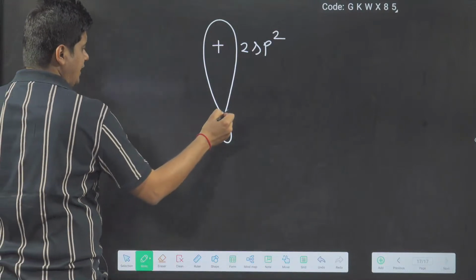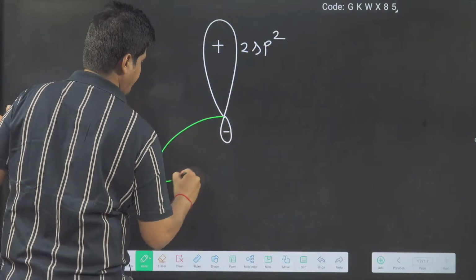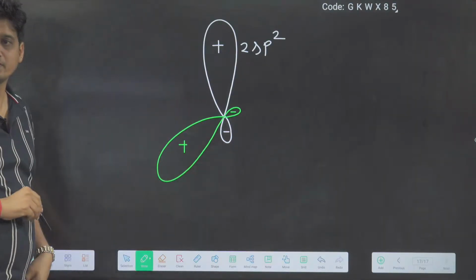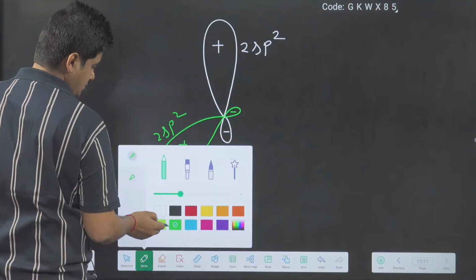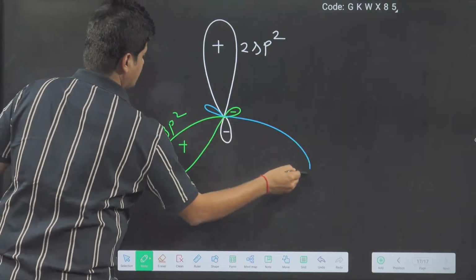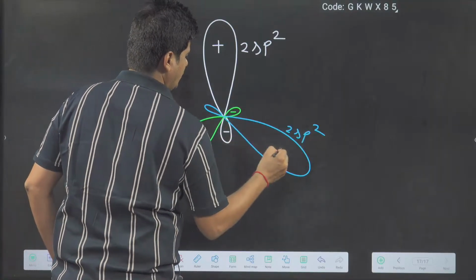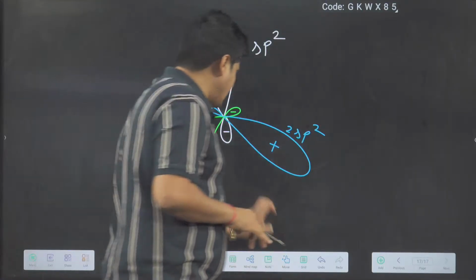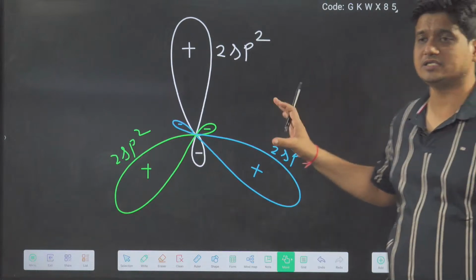This is another sp2 hybrid orbital. This is another sp2 hybrid orbital. And this is the third one, big lobe plus, small lobe minus. So in this diagram you can clearly observe three sp2 hybrid orbitals are drawn.